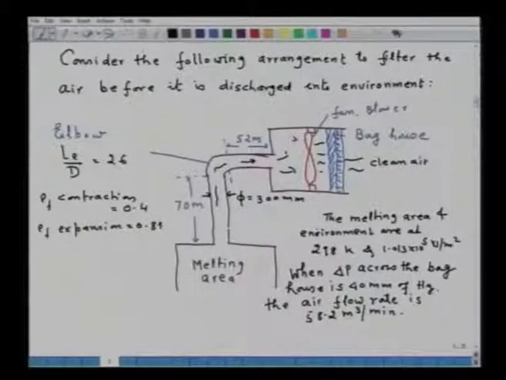Don't you think this problem is relevant for environmental cleanliness? So, what we require to find out is the capacity of the fan. First of all, you will find out the work done by the blower, and from the work done we can find out the capacity of the fan or horsepower of the fan.